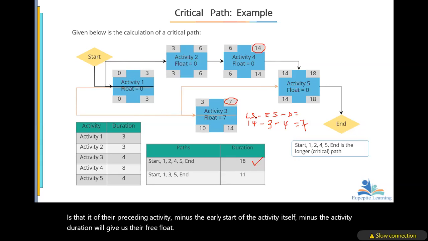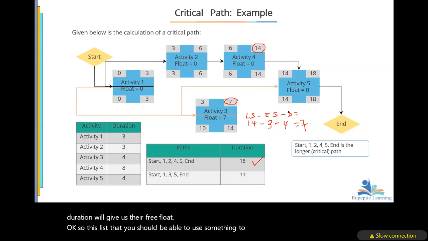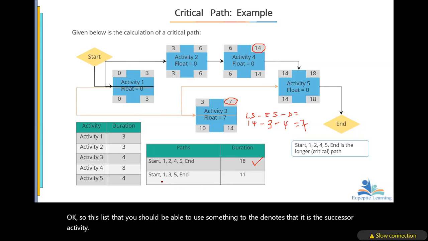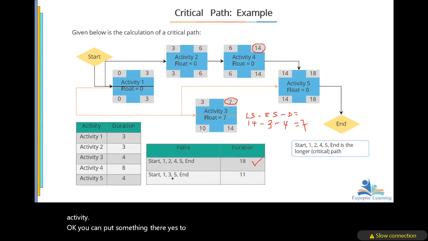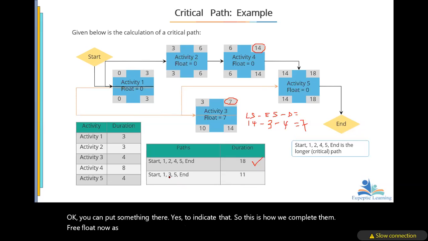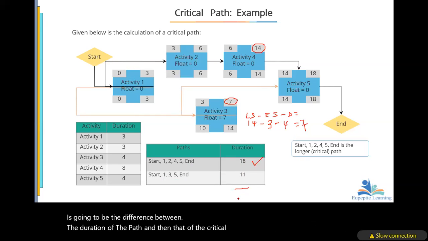So this is how we calculate the free float. Now, assuming we wanted to calculate the float on the path 1, 3, and 5, the float is going to be the difference between the duration of the path and that of the critical path.